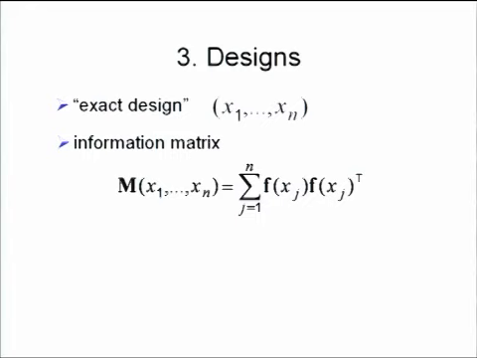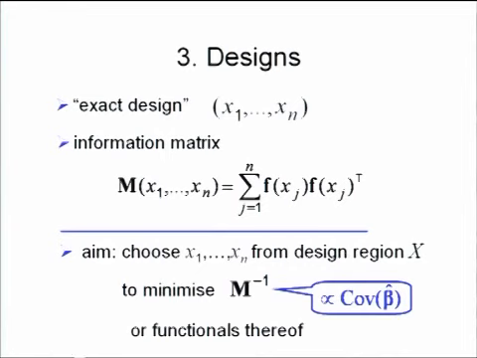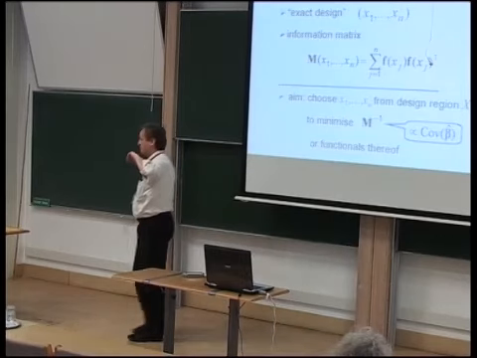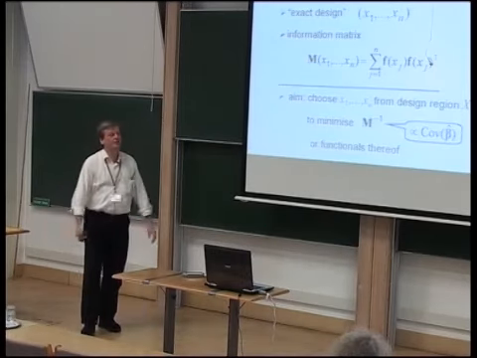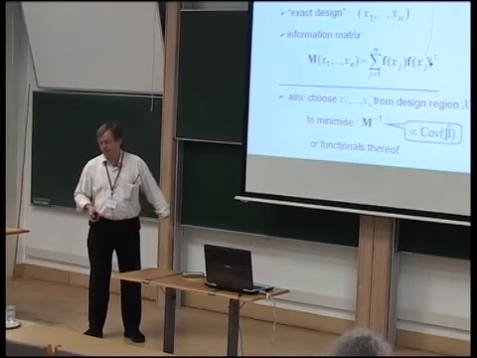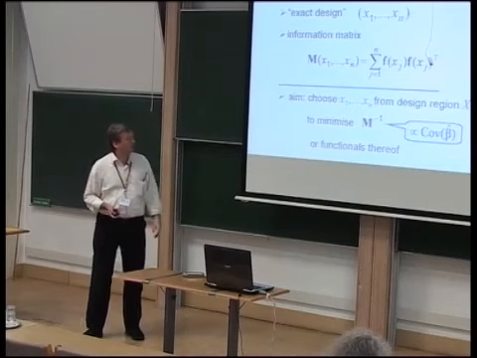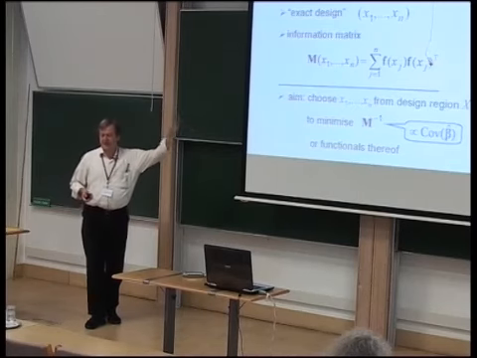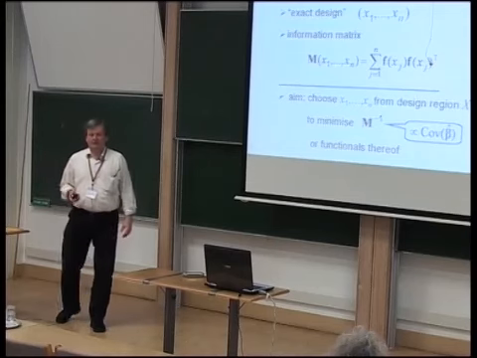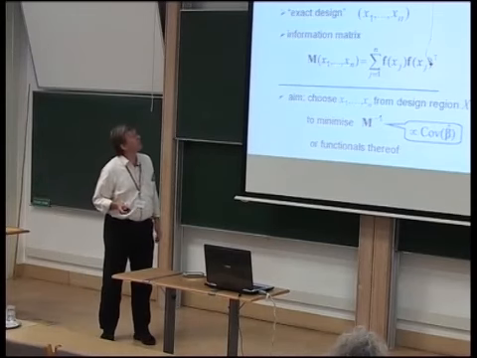And this usually makes things easier. The aim is that we want to choose the experimental settings, or the explanatory variables, in such a way that the covariance becomes small, or saying the inverse of the information becomes small, the information itself becomes large. Well, also functions thereof. I don't want to discuss all these criteria. The examples will be much easier.